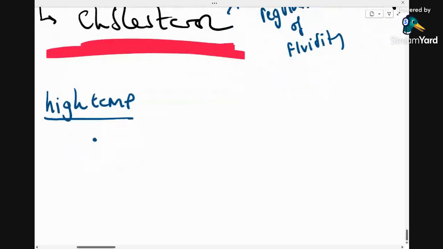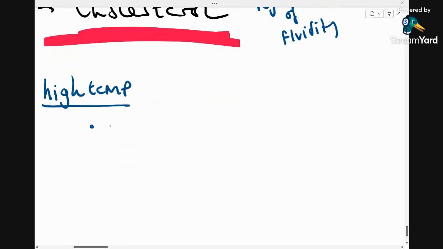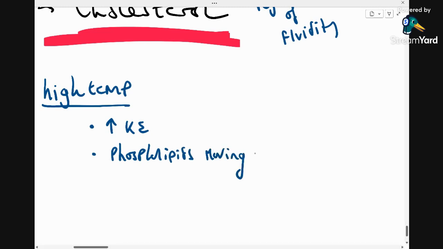Now, at a high temperature, you can imagine we have a lot of kinetic energy. That means that we're going to be breaking and reforming London dispersion forces quite a lot, and the phospholipids and the tails are going to be moving a lot more and a lot faster.